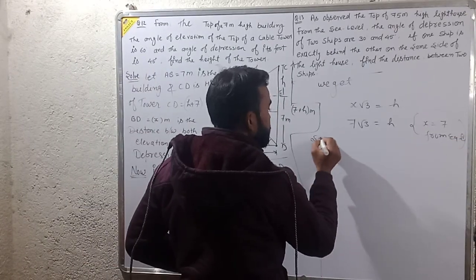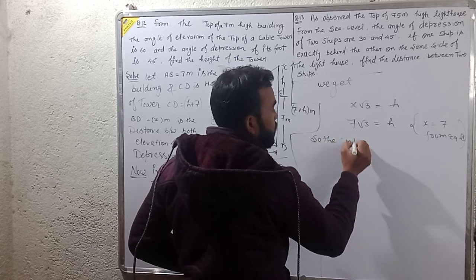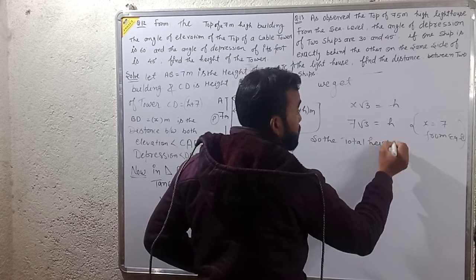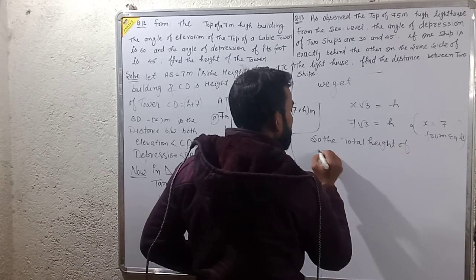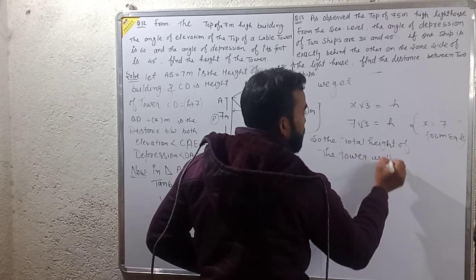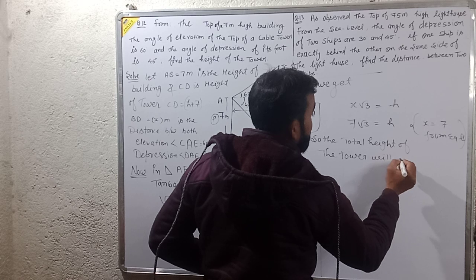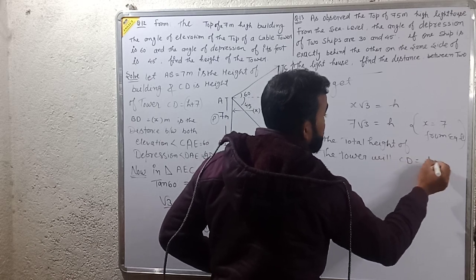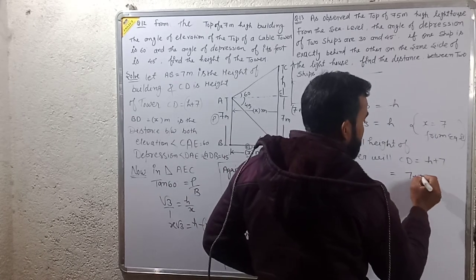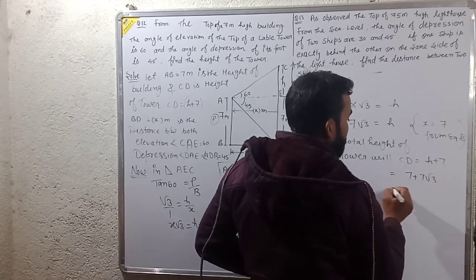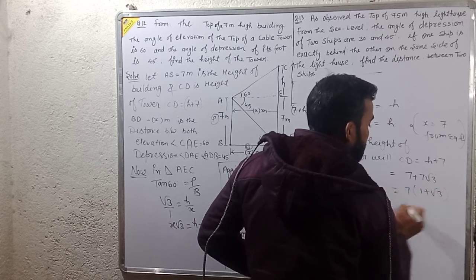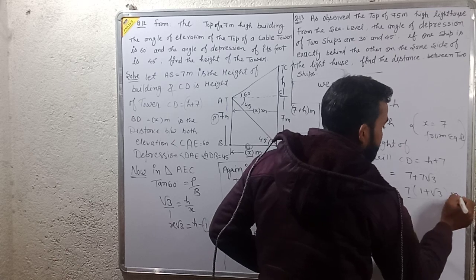So the total height of the tower, CD, is equal to h plus 7. That means 7 plus 7 root 3, that means 7 times (1 plus root 3) meters.